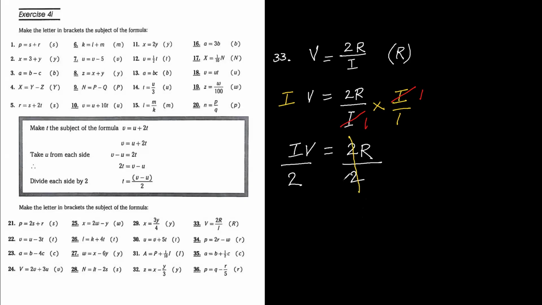Just as how the I's cancel. So Tyrell Ross, what's my fourth line? Tyrell Ross. So R is equal to IV over 2.